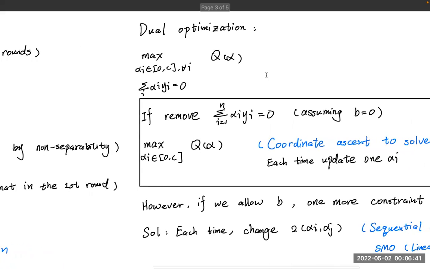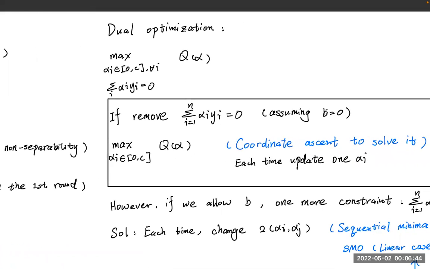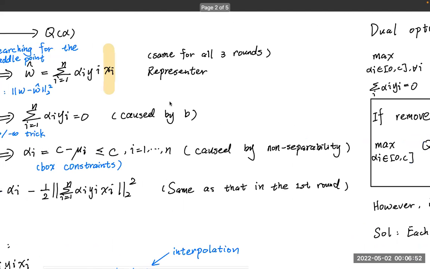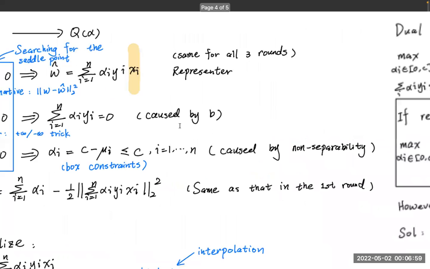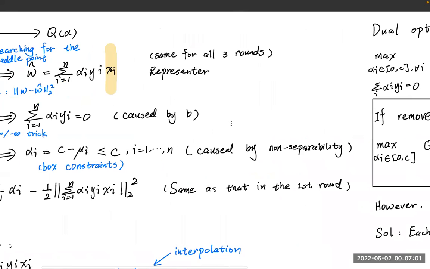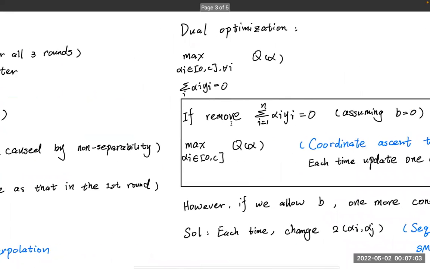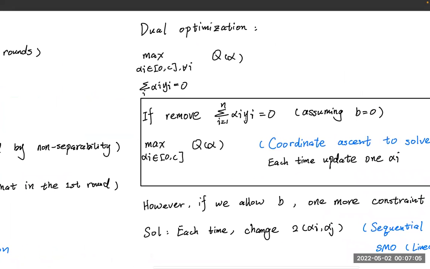Recall that if we assume b equal to 0, then we remove this constraint. This constraint is caused by the derivative of the Lagrangian with respect to b equal to 0. But if we assume b equal to 0, then we can remove it, so we only need to maximize Q alpha for alpha i within this range.